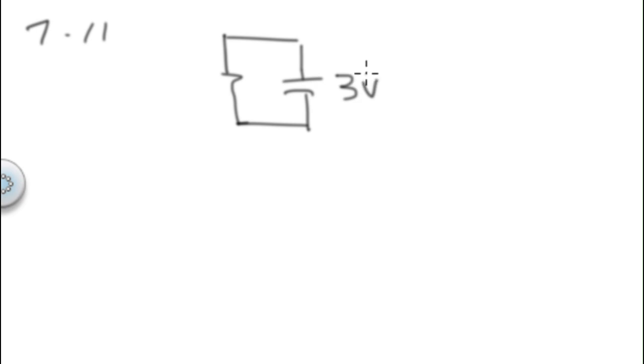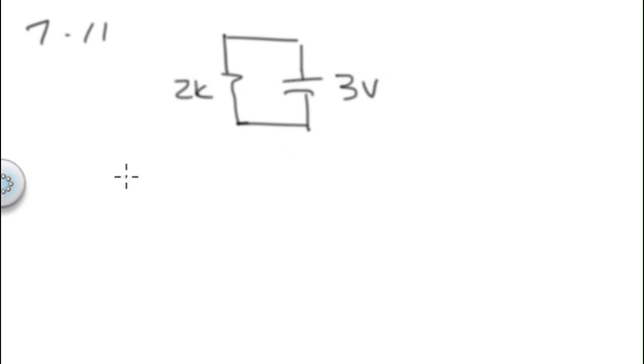So in 11, we basically have another circuit. We're sitting in 7-11. We have a capacitor with a resistor across it, and that's all we have. And this is sitting here with 3 volts on it, and this is 2K.